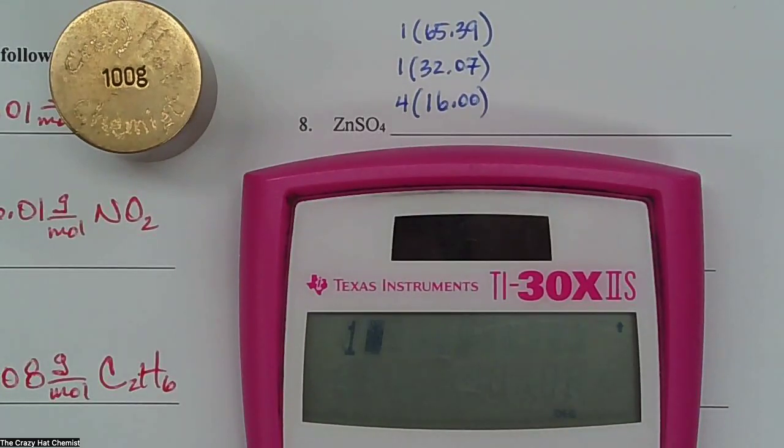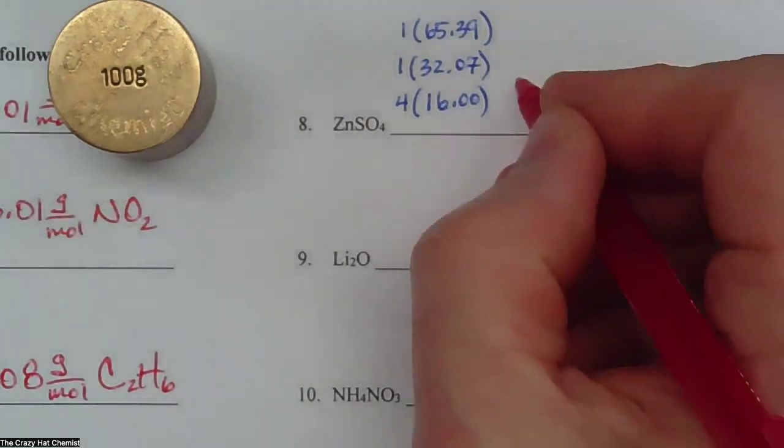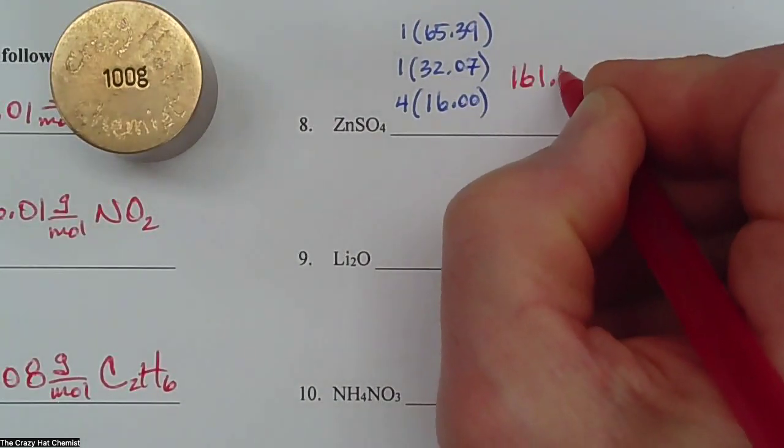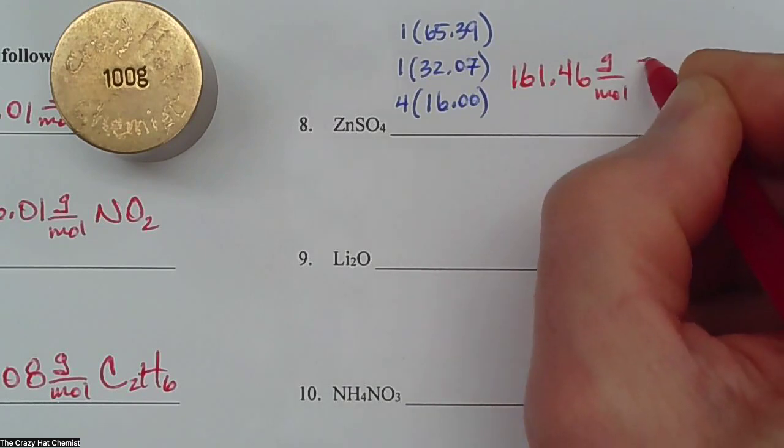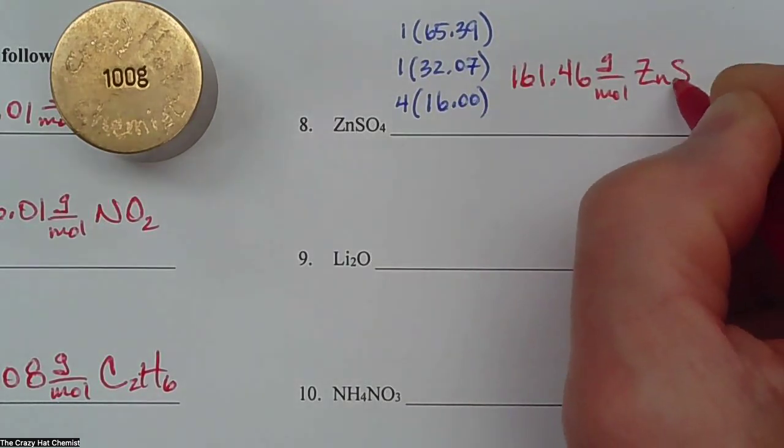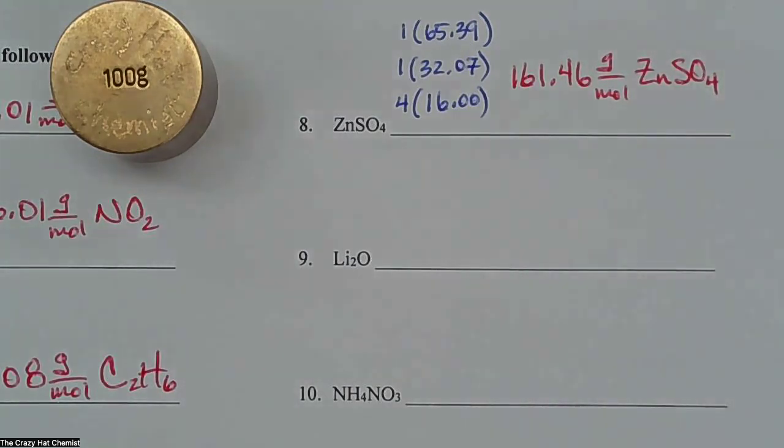So it's 1 times 65.39 plus 1 times 32.07 plus 4 times 16.00 equals, I get 161.46. So that's 161.46 grams per mole of zinc sulfate, ZnSO4. Excellent. Now we're done with that one.